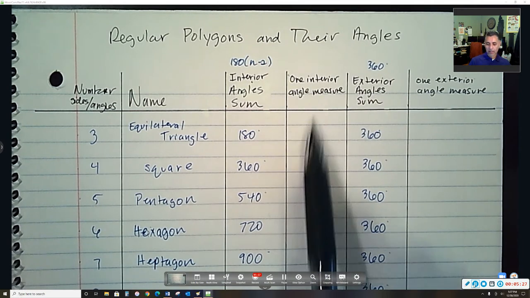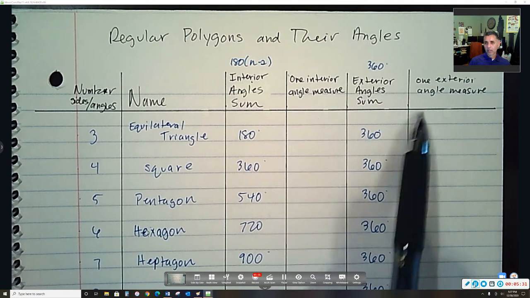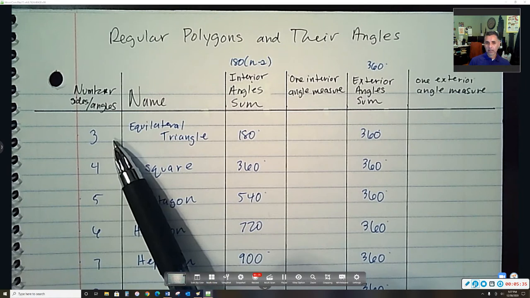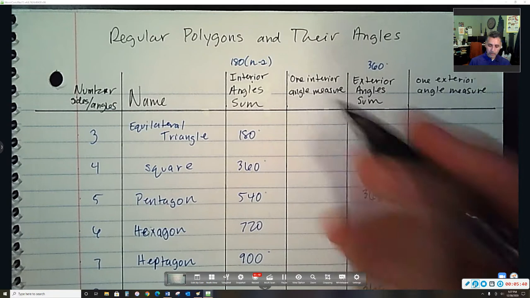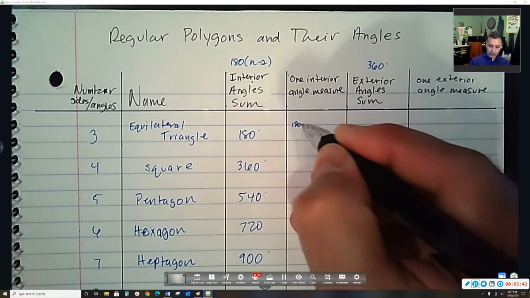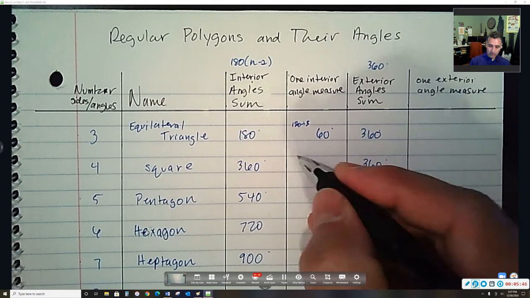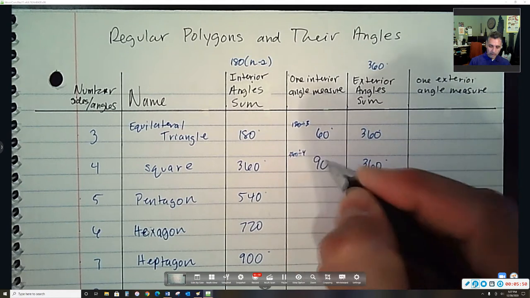Okay. Now when we want to figure out one angle measure on the inside or one angle measure on the outside, all we need to do is divide by how many angles there are. This one would be 180 divided by 3, which is 60, right? This one would be 360 divided by 4, which is 90.